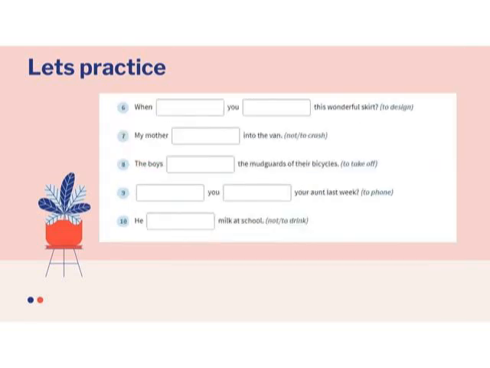Next, for numbers 6 until 10, write the answer on your paper. Be careful with the type of sentences. There are positive, negative, and also questions.